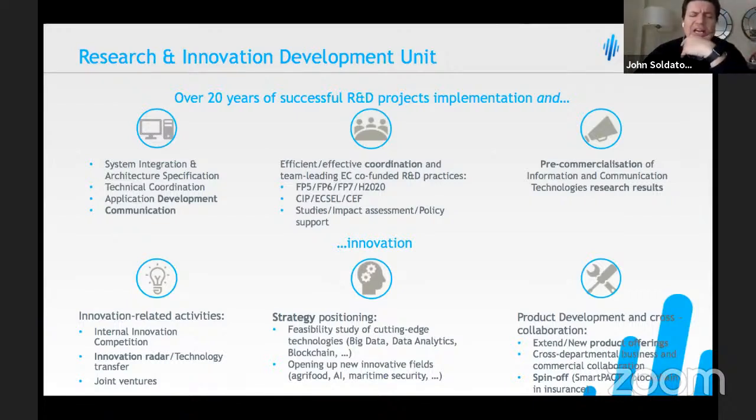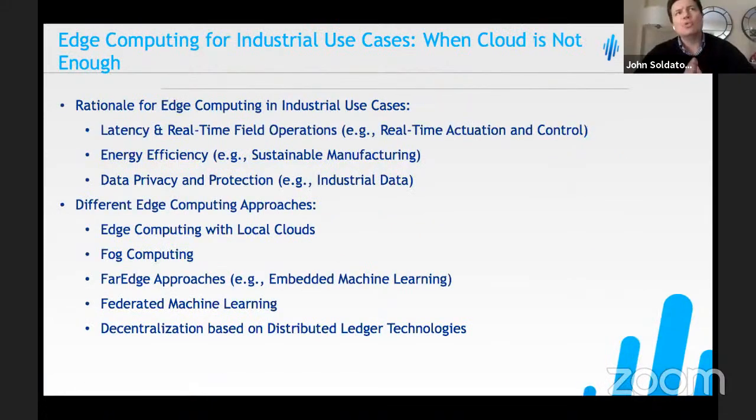There we are running a lot of research projects, including EU-funded projects like Horizon 2020. So I would like to continue from the previous discussion on the edge computing and edge AI topic. This is not a new topic, but it's actually a very hot, very topical discussion.